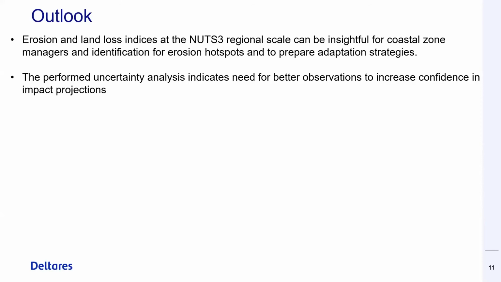Additionally, the uncertainty analysis that I just showed can provide quite some information on how countries should actually improve their observations and how this can contribute to having better estimates of these impact projections.